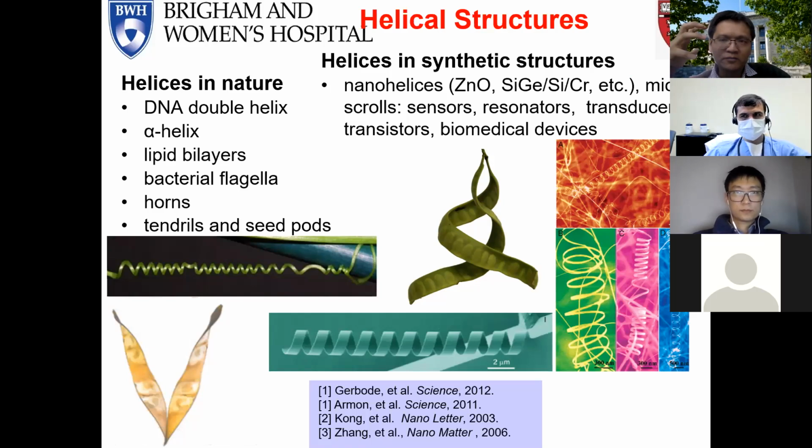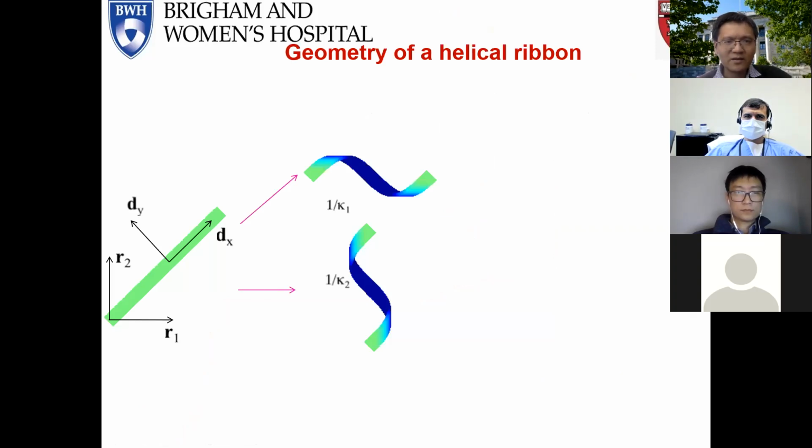And engineers have also been very interested in studying nanohelices that can be used as resonators, sensors, transducers, transistors, and biomedical devices. And the problem that I started out to study is how do we get a helical ribbon shape out of an initially flat straight ribbon? Well, you can say it's very easy because we can simply bend it onto the surface of a cylinder.